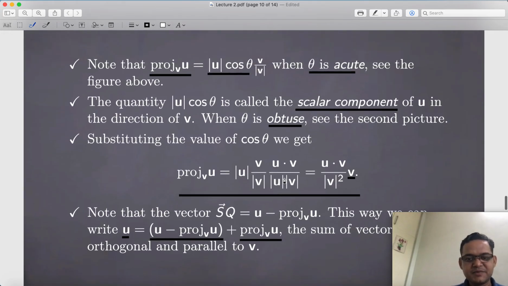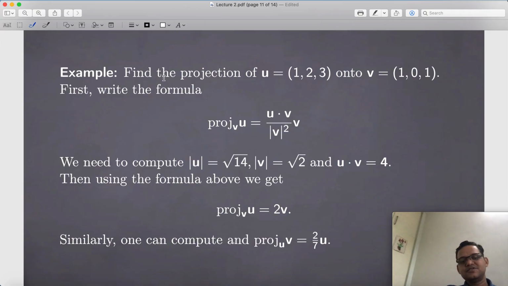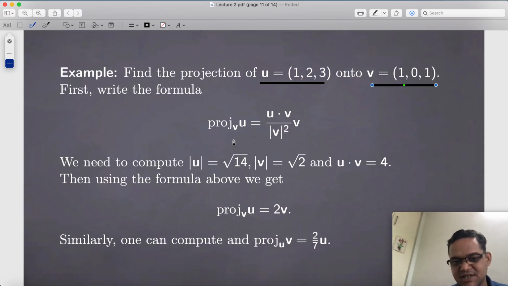So what we need to understand here is how to derive the formula for projection of u onto b. All we need to do is this, and if we have a question like this, just take some vectors. Here I have taken u as 1, 2, 3, and b as 1, 0, 1. If we want to find the projection of u onto b, we need to recall the formula, and the formula requires the dot product and the modulus of the vector b.